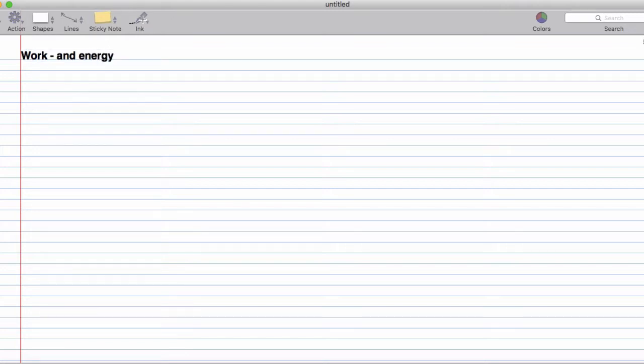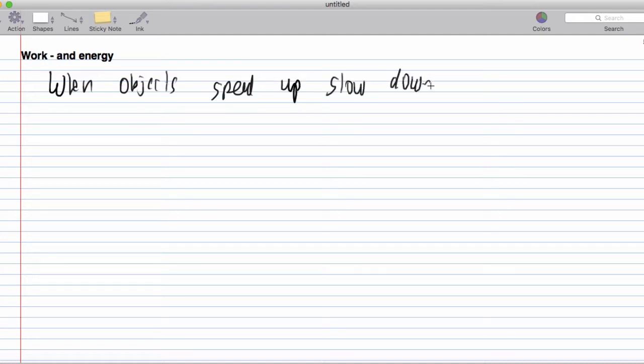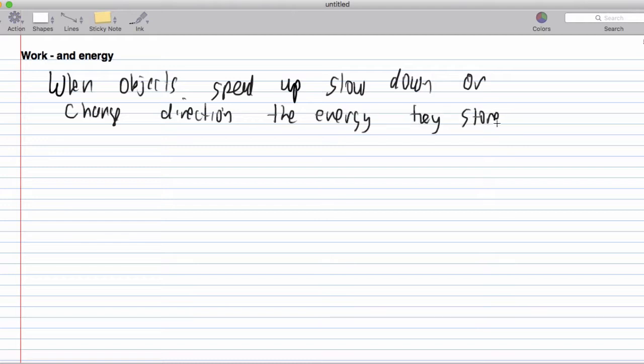So the whole point of using energy is when objects speed up, slow down, or change direction, the energy they store changes form.